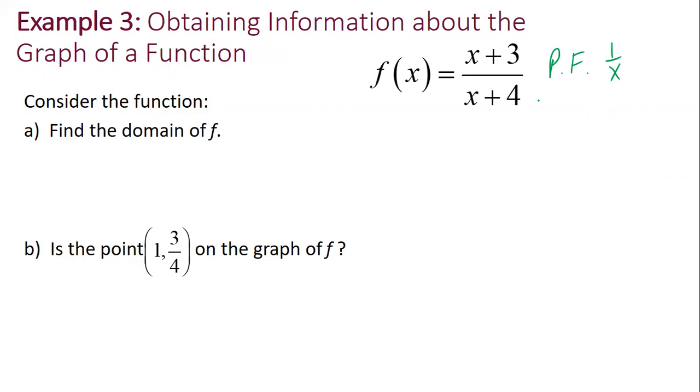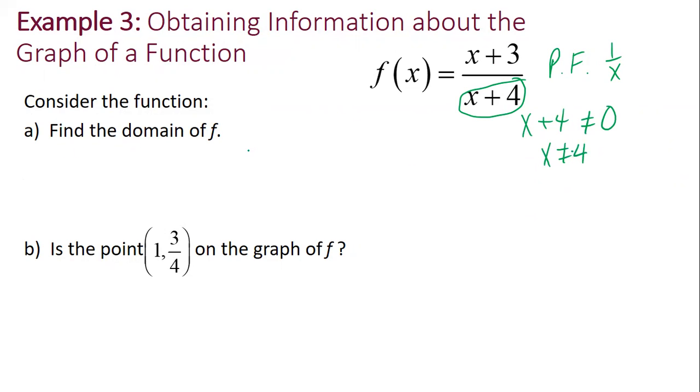Because it's a rational, I know that there's a restriction on my domain caused by the denominator. I know that x plus 4 cannot equal 0. What value of x would make it equal to 0? -4. So x cannot equal -4.